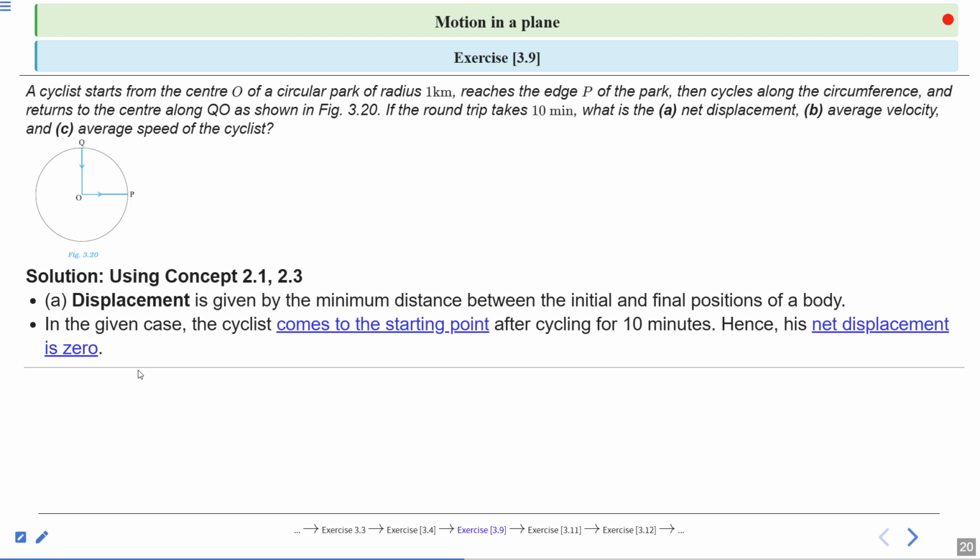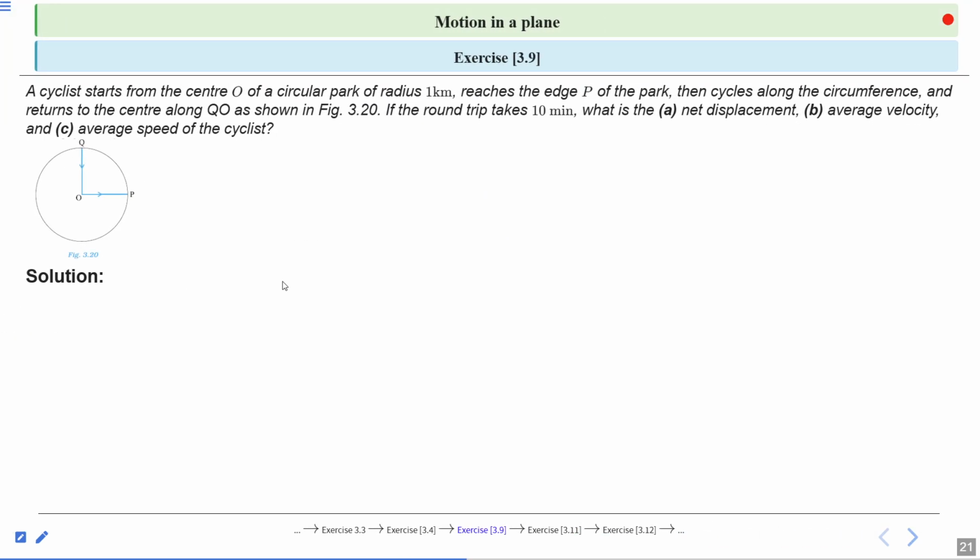It depends on initial and final position. So in this case, according to the question, the initial and final positions, meaning starting point and ending point, are both the same after 10 minutes. So we can say the net displacement is 0. Clear?